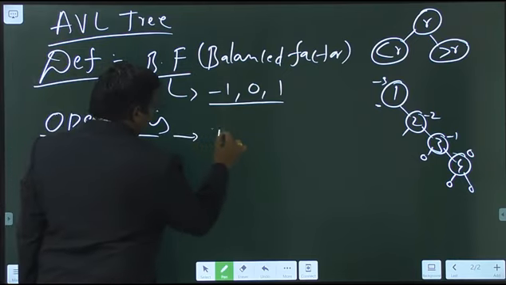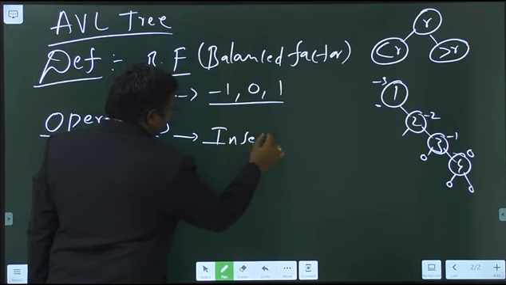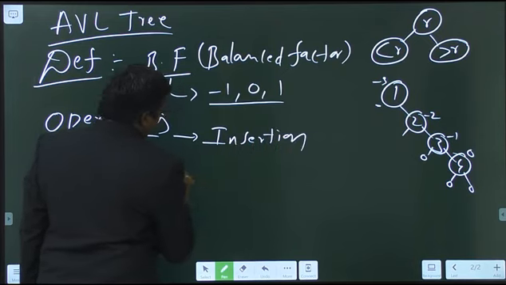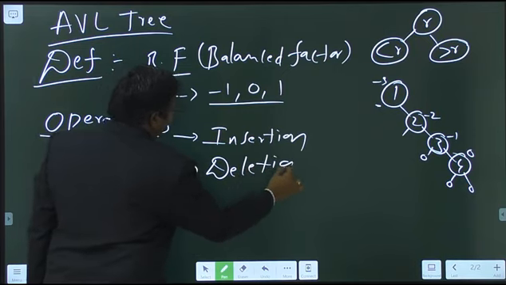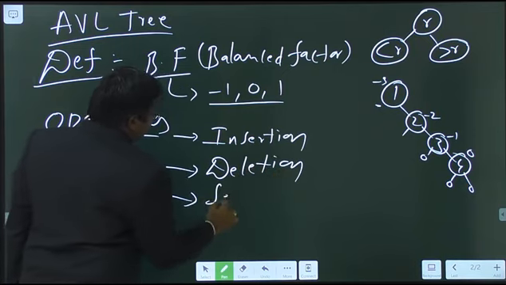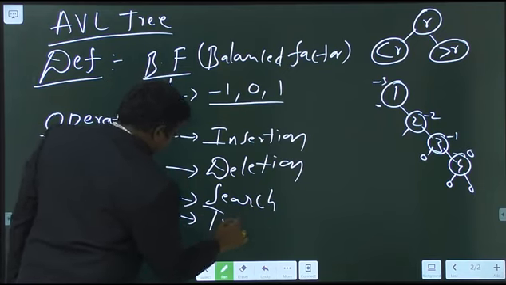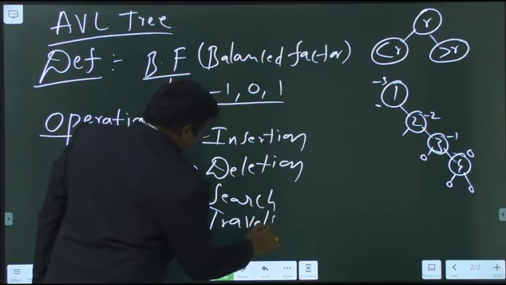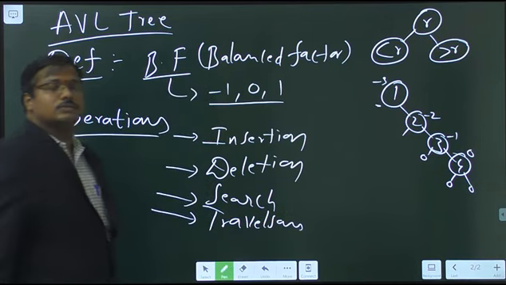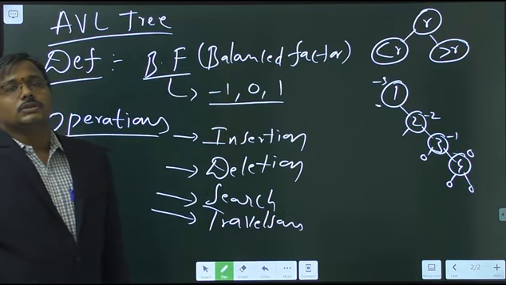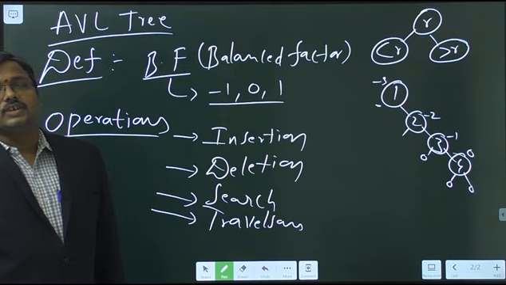The operations are the same: insertion operation is there, deletion operation is there, search operation is also there, in addition to the traversals. So these are the different kinds of operations.